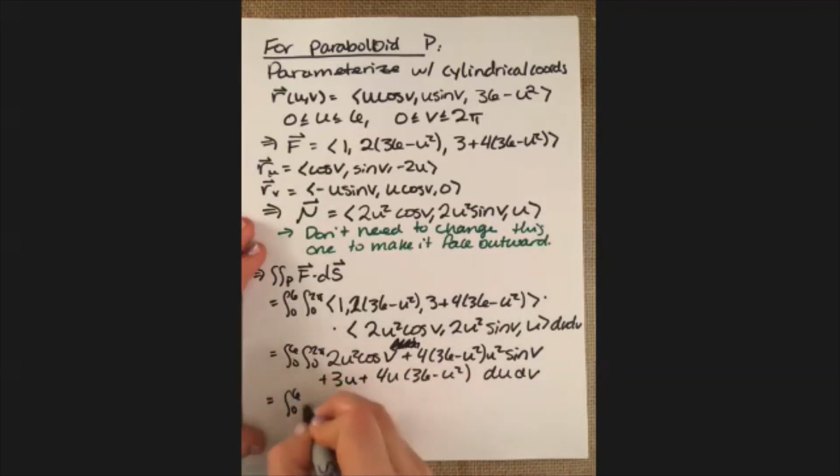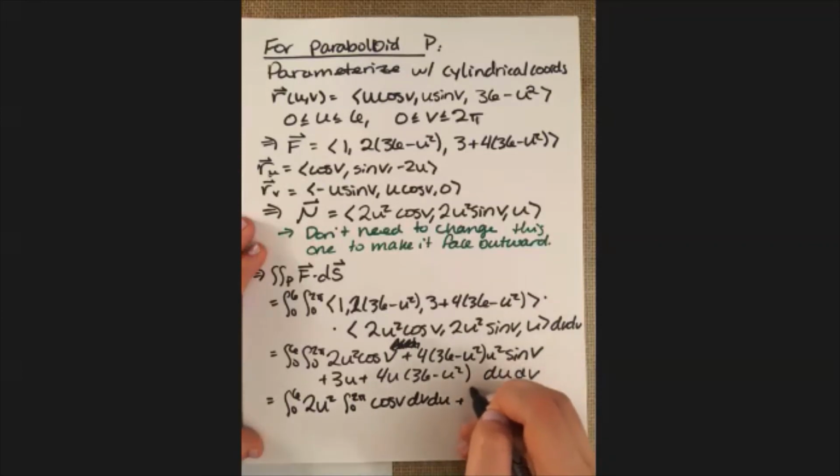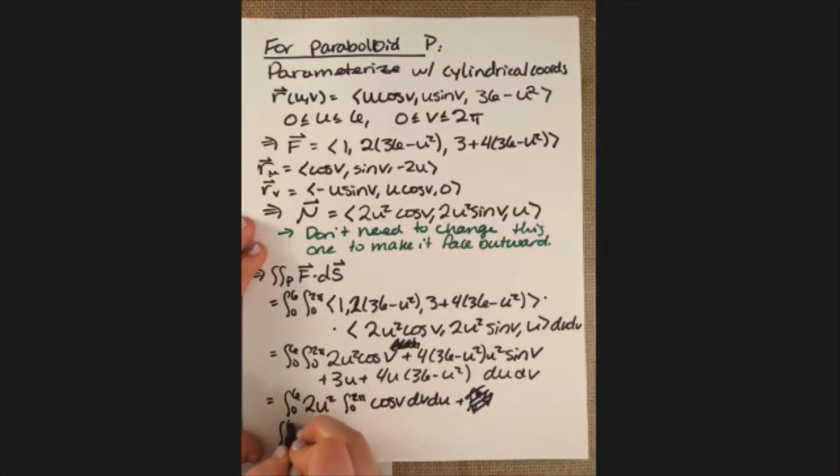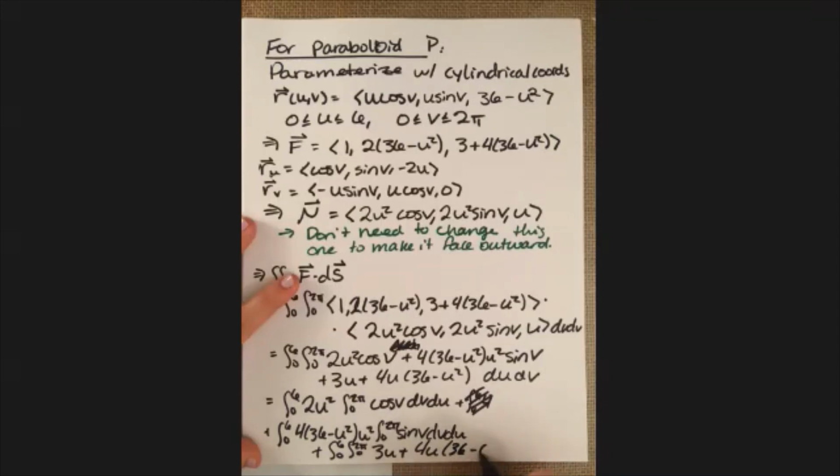I'm going to get integral from 0 to 6, 2u squared, integral from 0 to 2 pi, cosine v dv du, and then plus integral from 0 to 6, 4 times 36 minus u squared, and then u squared, integral from 0 to 2 pi sine of v dv du, and then plus integral from 0 to 6, integral from 0 to 2 pi of 3u plus 4u times 36 minus u squared.